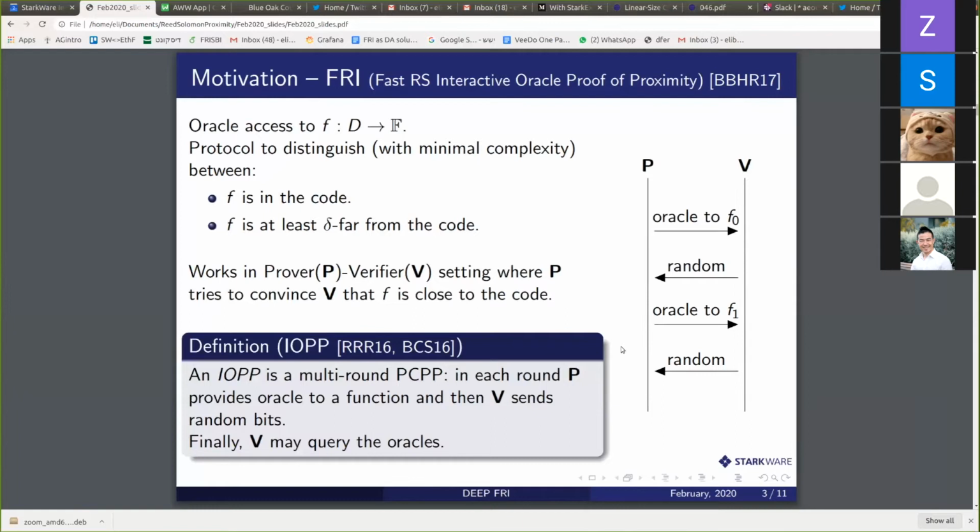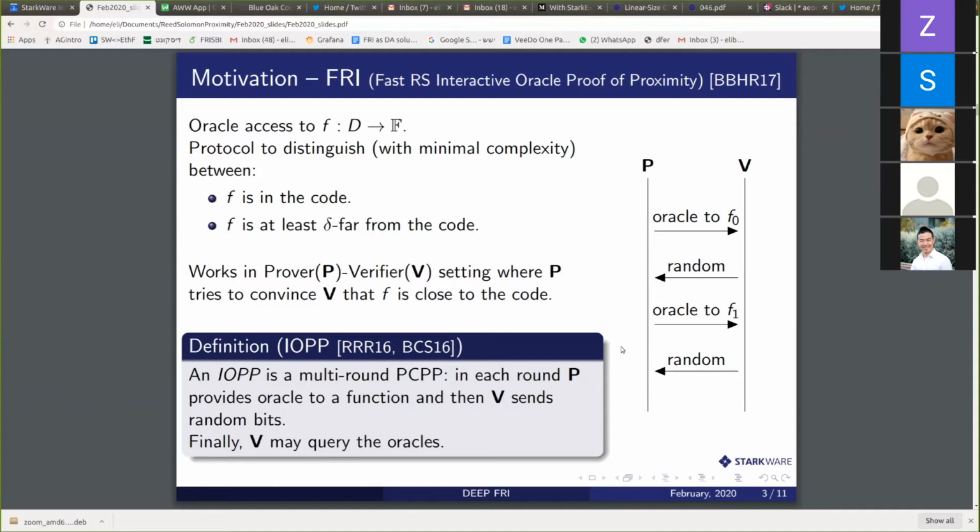So the prover sends a USB stick to V. An ideal USB stick is something you commit to, you can't change what's written on it. And then the verifier can actually have random access to the contents of this USB, as opposed to a Turing machine where you need to read everything in order to reach some position.